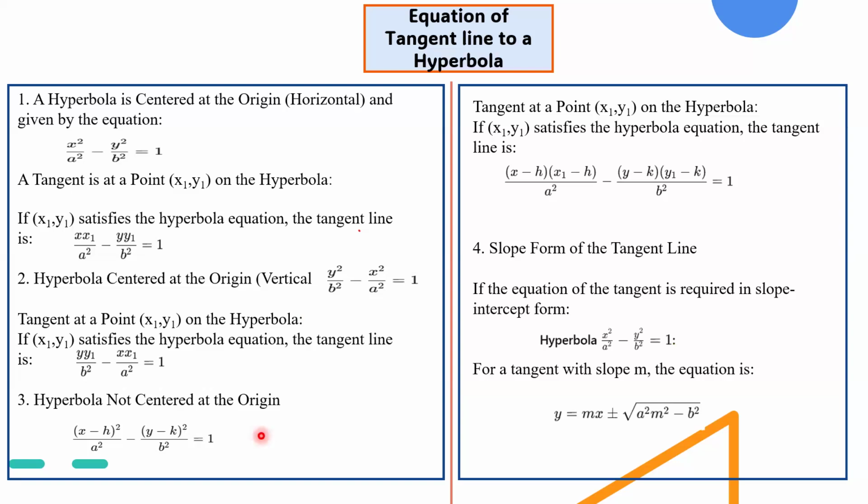Again, we have the other equation for a tangent at a point, and if we have to write the slope form of a tangent line, then we would use y equals mx plus or minus the root of a squared times m squared minus b squared.